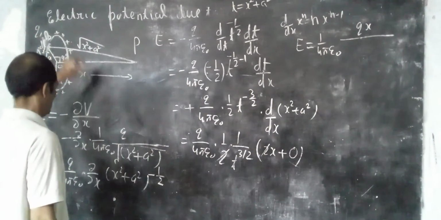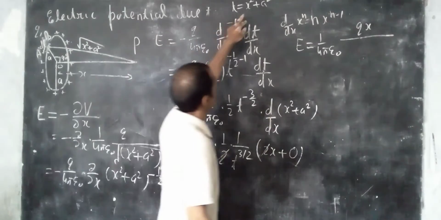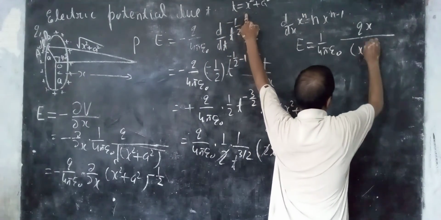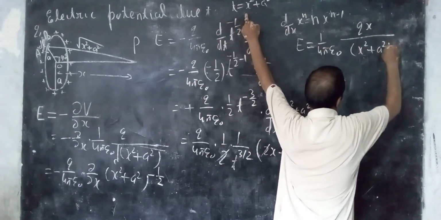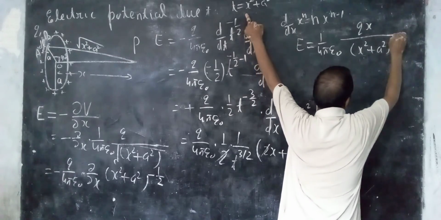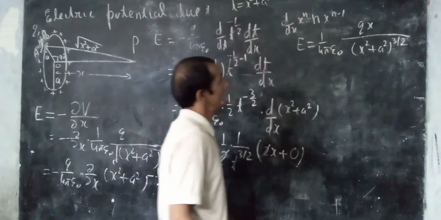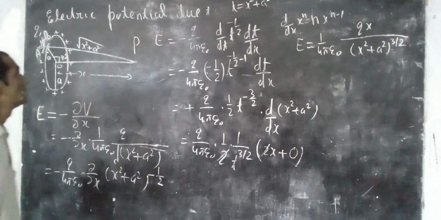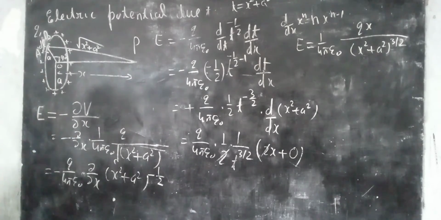So t is x squared plus a squared, so write that: q x upon (x squared plus a squared) raised to power 3 by 2. So this is the electric field due to the charged ring at a point located on the axis at distance x from the center of the ring.